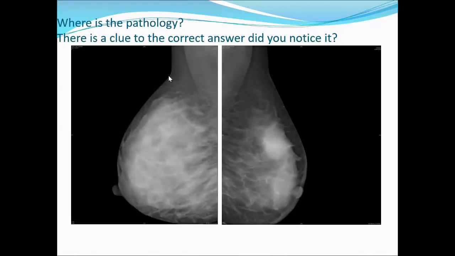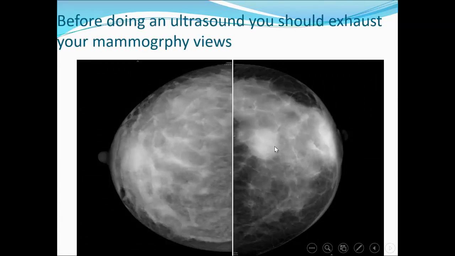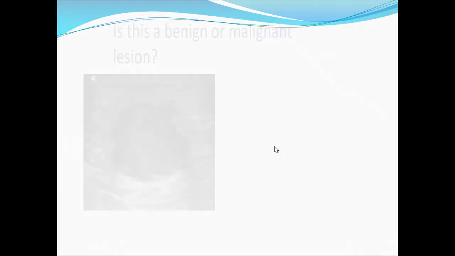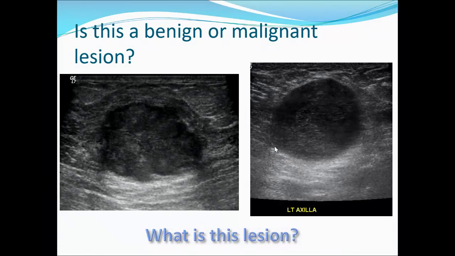Another case, here there is a dense breast, markedly dense breast, and this breast shows nipple, shows mild skin thickening. There is a lesion here. And this is a mass with axillary metastatic lesion.